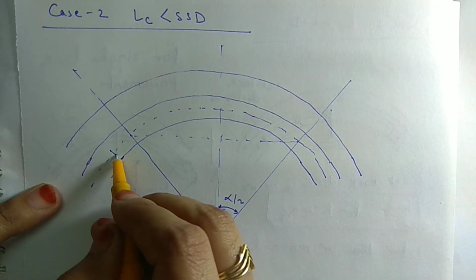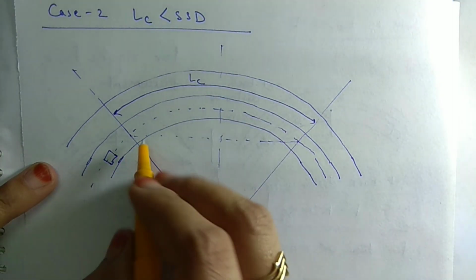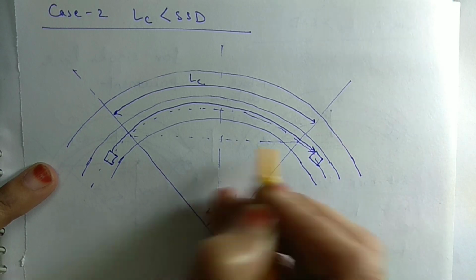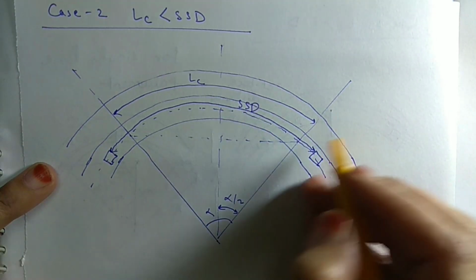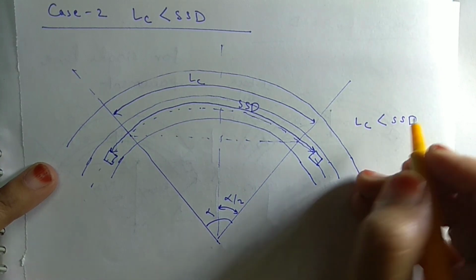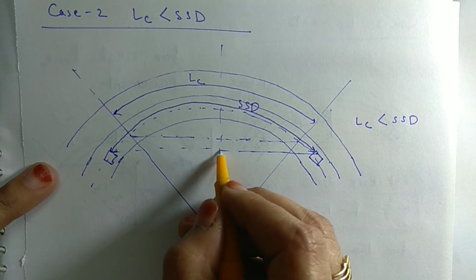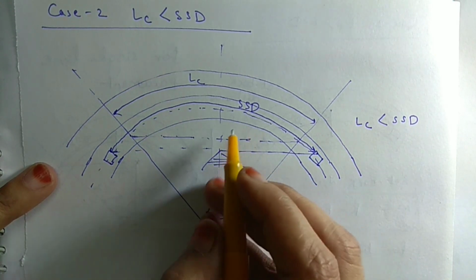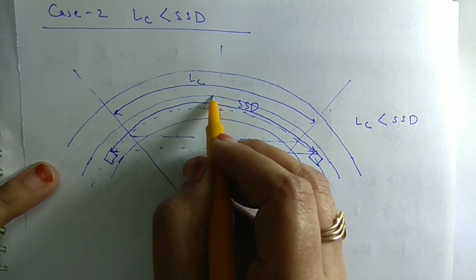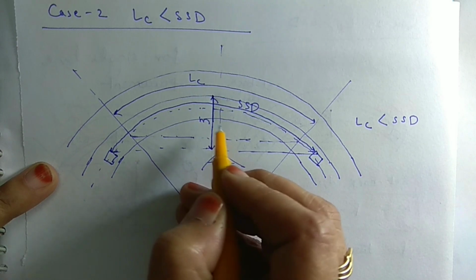Suppose these are the vehicles, this is the length of curve, and the vehicles are somewhere here, so this distance will be SSD. In this case, the length of curve is less than SSD, and this is an obstruction. The setback distance will be from this inner lane to this obstruction.